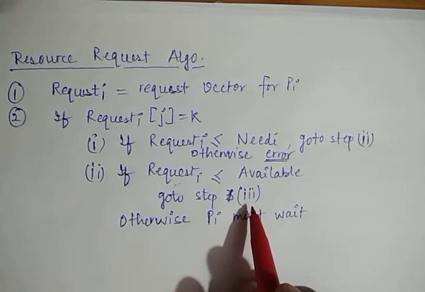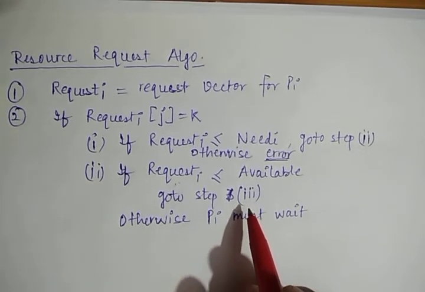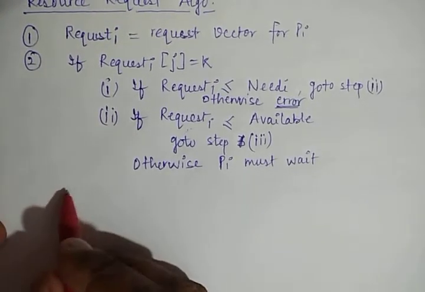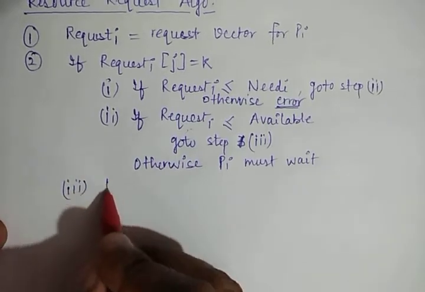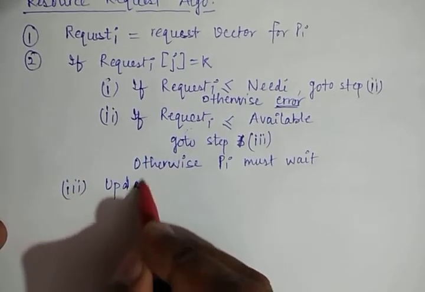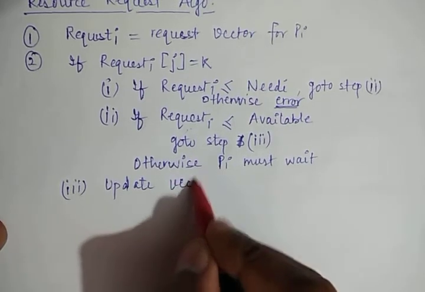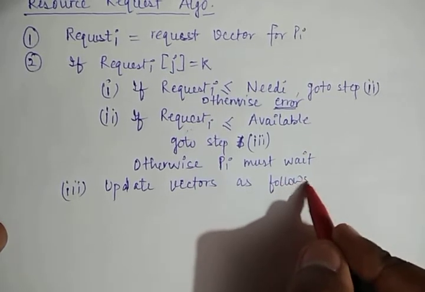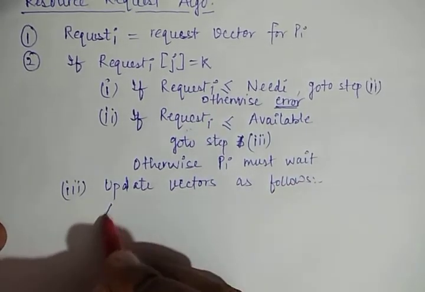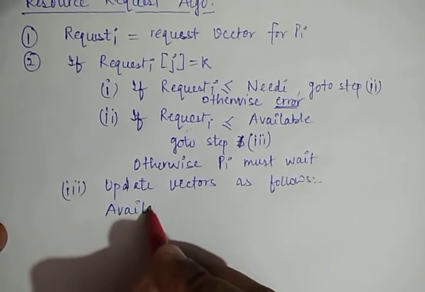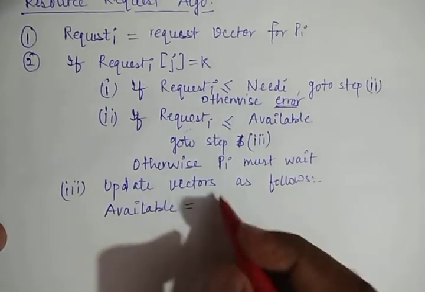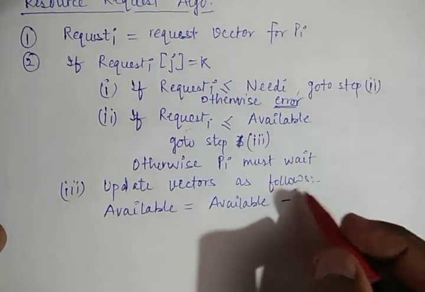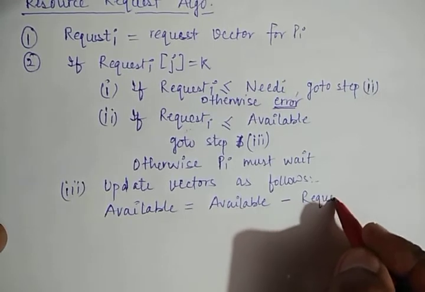So in step number 3, we'll simply update the vectors as follows. Available will be decreased by the value of request, because we have granted the request.